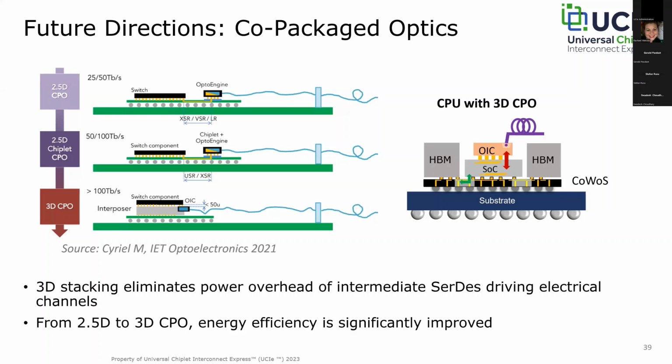The ultimate goal is to integrate the optical engine into the package, as you see here at the bottom, using 3D stacking technology. And the UCIe Consortium will also look to extend the standard into the optical domain in the future.